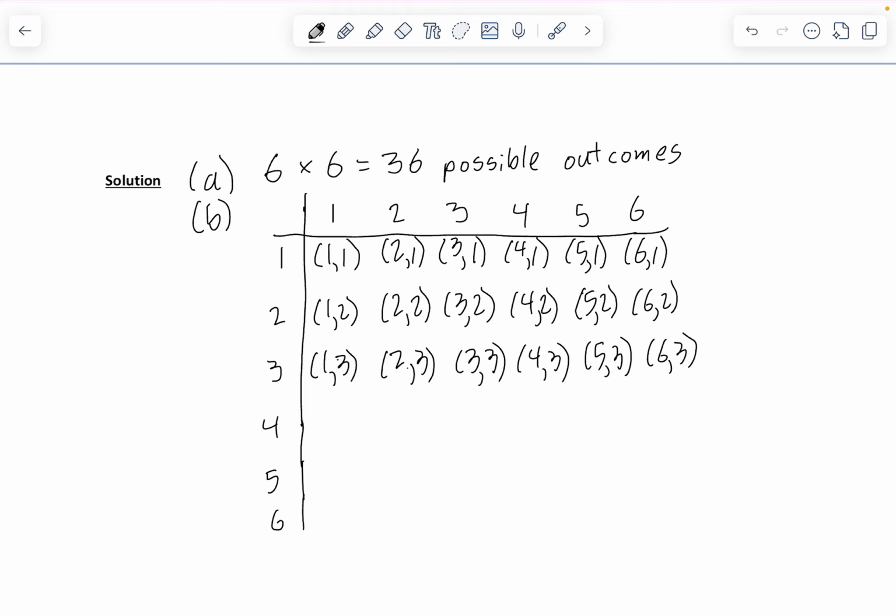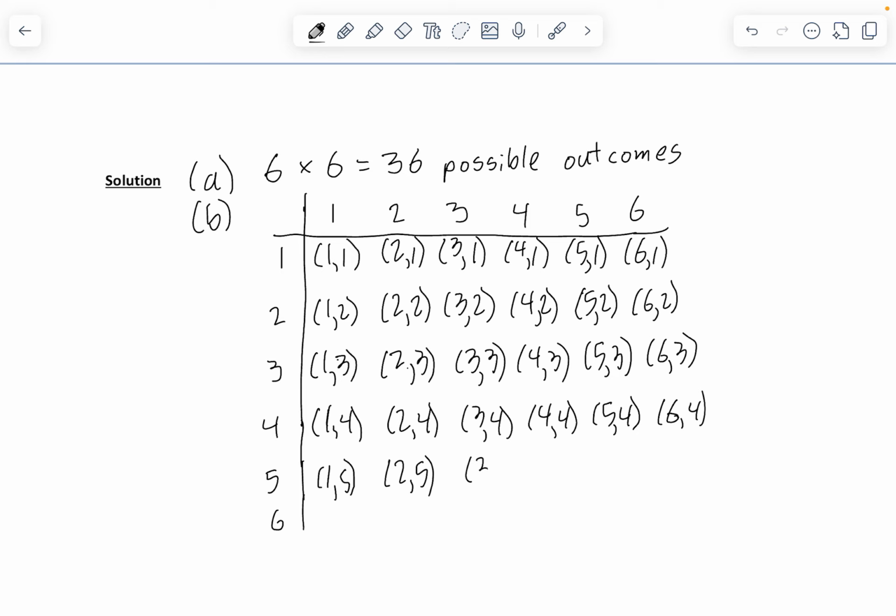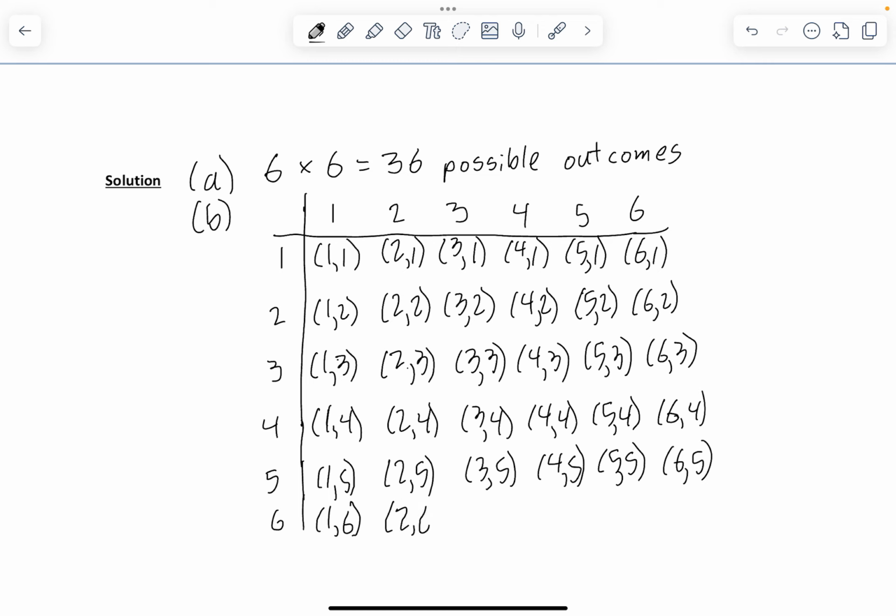So this is 1,4; 2,4; 3,4; 4,4; 5,4; 6,4. 1,5; 2,5; 3,5; 4,5; 5,5; 6,5. 1,6; 2,6; 3,6; 4,6; 5,6; 6,6.